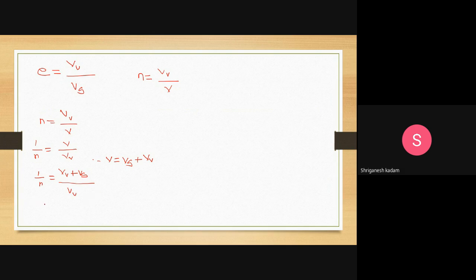Now again I will simplify this. It is 1 upon N equal to Vv upon Vv, so it is 1, plus Vs upon Vv. Now 1 upon N equal to 1 plus, see what is void ratio? It is volume of void divided by volume of soil solid.